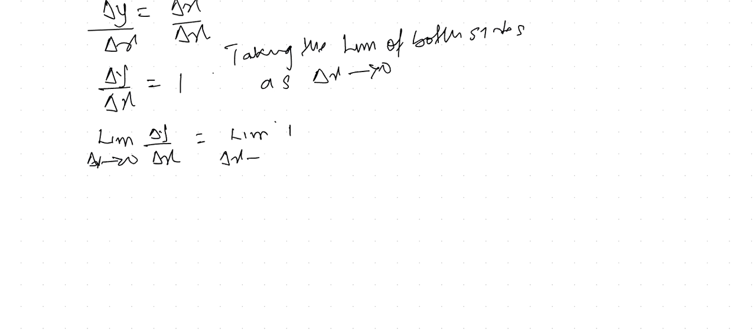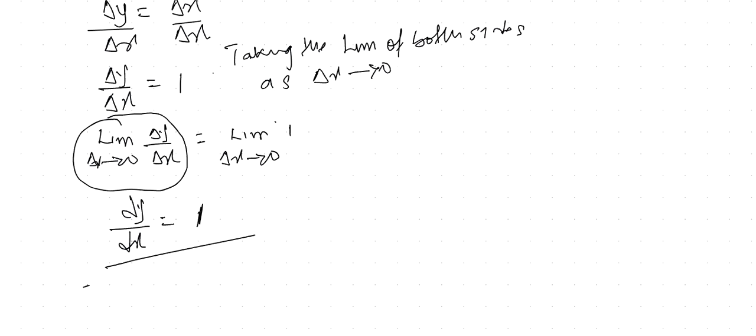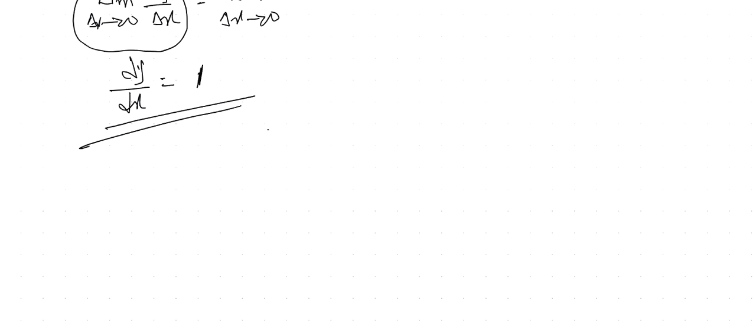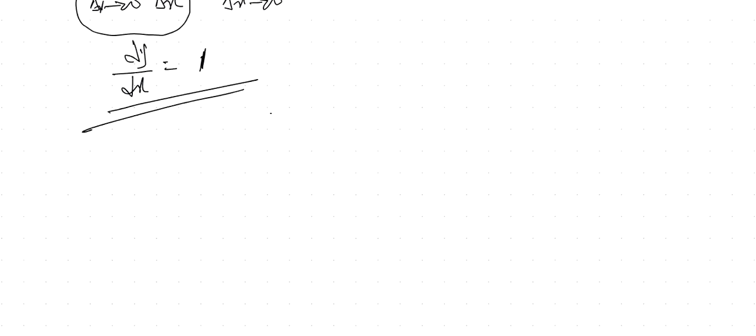The limit of change in y over change in x gives you dy/dx, which is equal to 1, since the limit of a constant 1 is 1. So that is your answer. That is differentiation using first principle. Which means that if y is equal to x, then dy/dx is equal to 1. So once you differentiate x, you have 1.